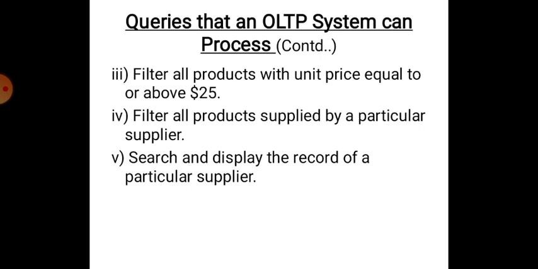Third, filter all products with unit price equal to or above $25. So students, these are simple queries that an OLTP can work on. Fourth, filter all products supplied by a particular supplier. And fifth, search and display the record of a particular supplier. So these are simple queries which an online transaction system can handle.